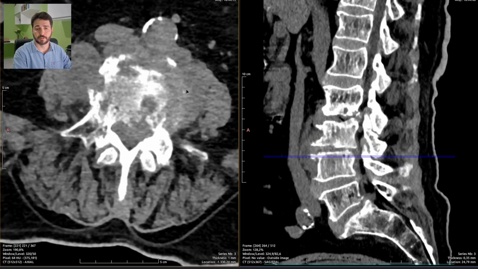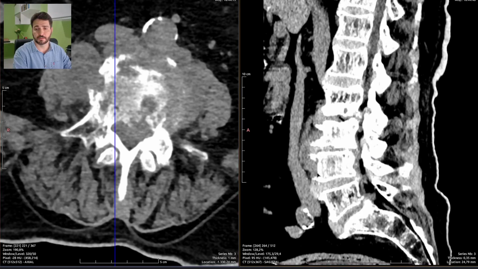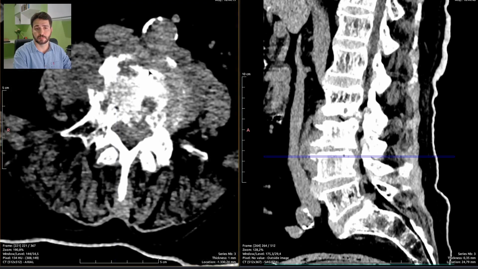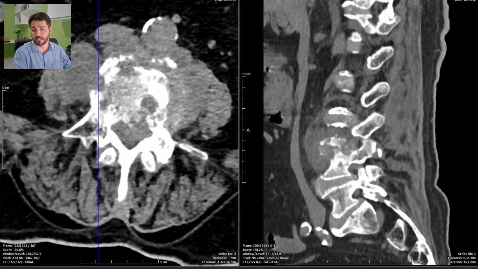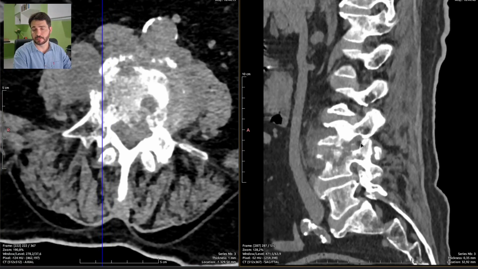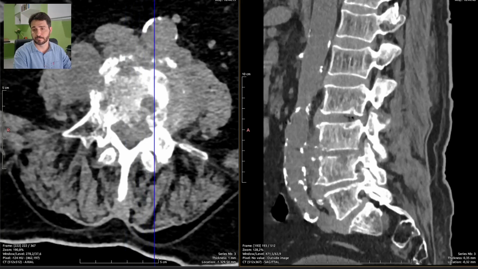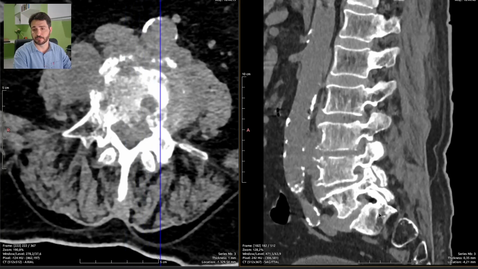So I have a clear extension of this lesion to soft tissue parts. You can see here and there. So I'll have to report it just like that. So there is moderate stenosis of these foramina. Yeah, moderate stenosis.